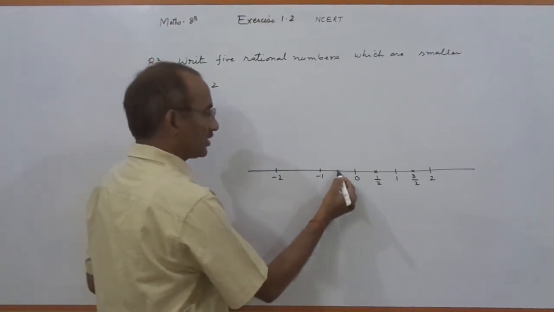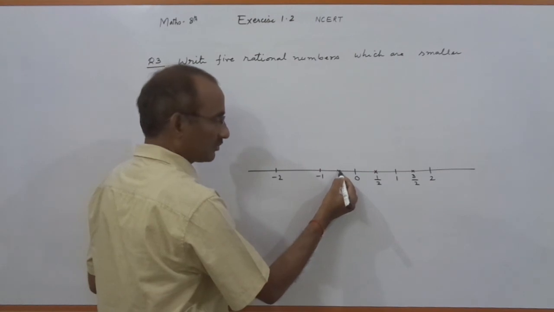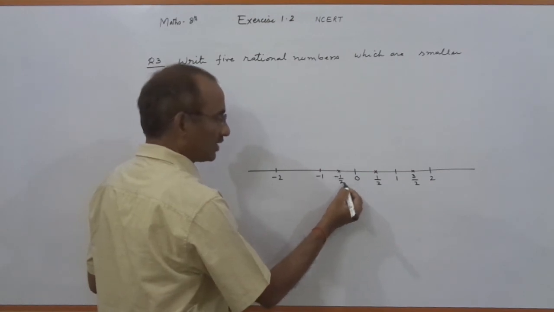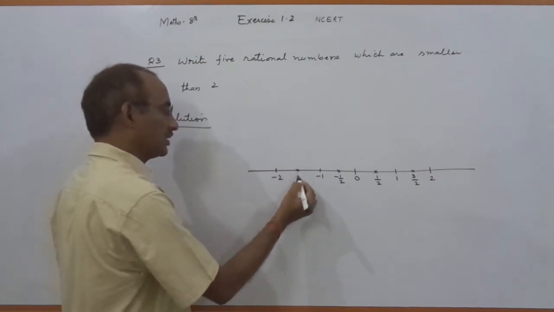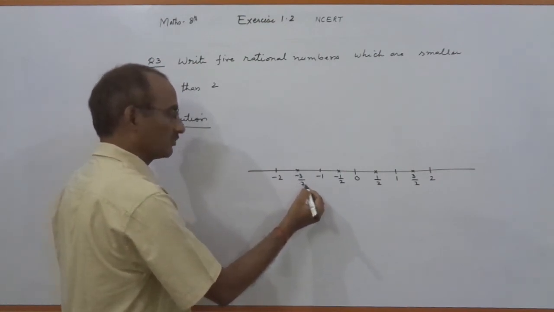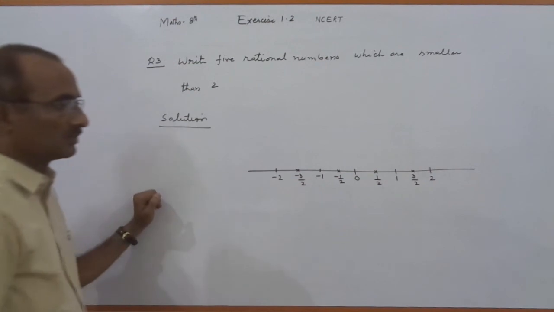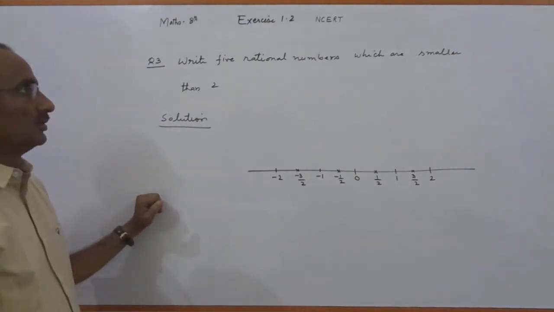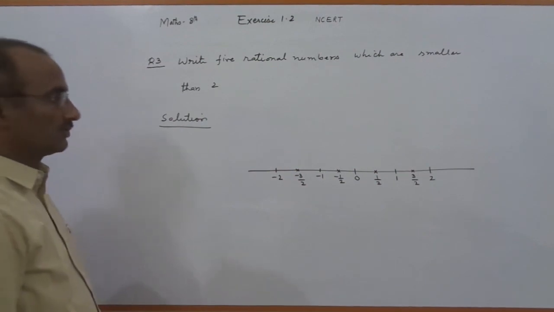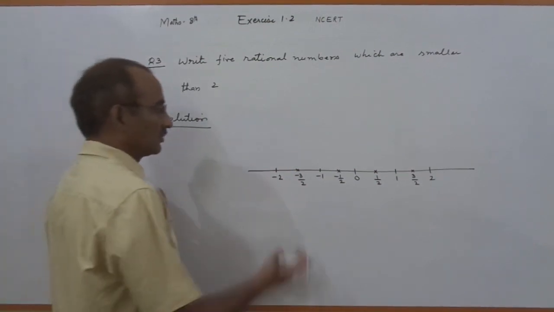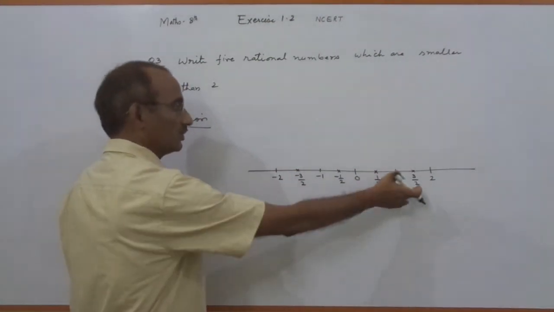Between 0 and minus 1 we have minus 1 by 2 and between minus 1 and minus 2 we have minus 3 by 2. We have to take any 5 rational numbers from minus 2 to 3 by 2.